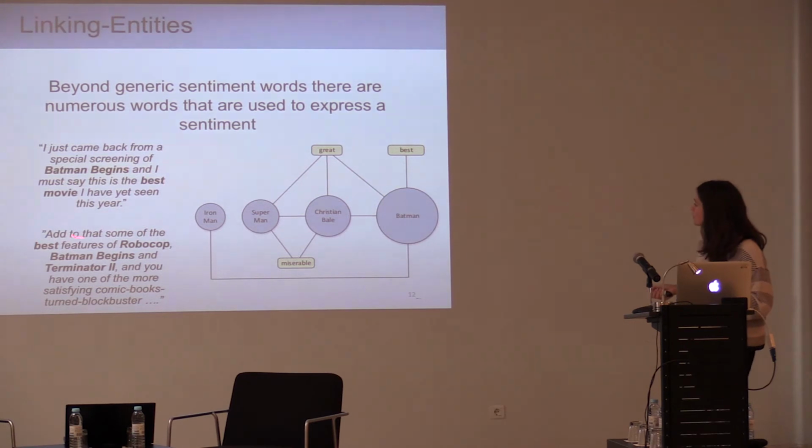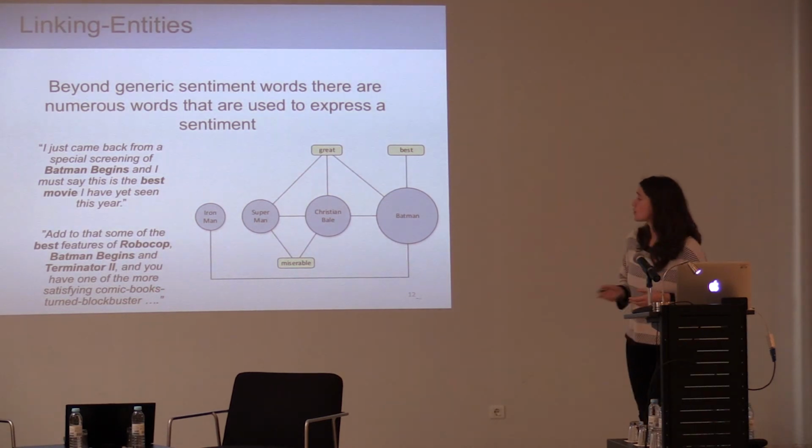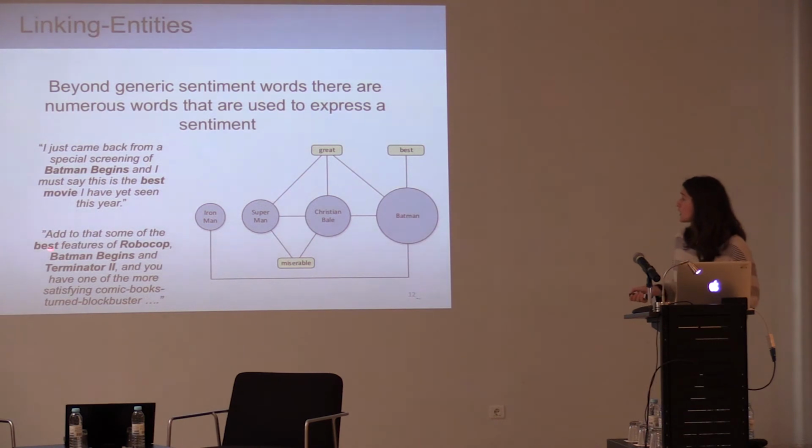And in the second example, we have, "add to some of the best features of RoboCop, Batman Begins, Terminator 2, and you have one of the most satisfying comic books." So here we have the sentiment word, which affects the reputation of these three entities, and these three entities are influencing each other.